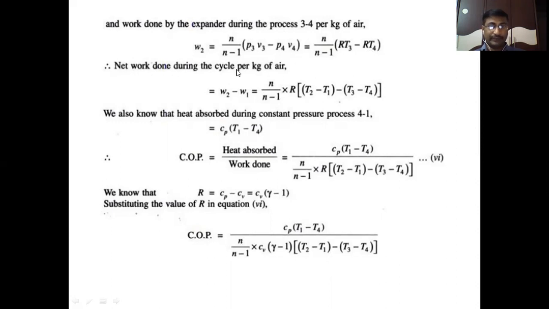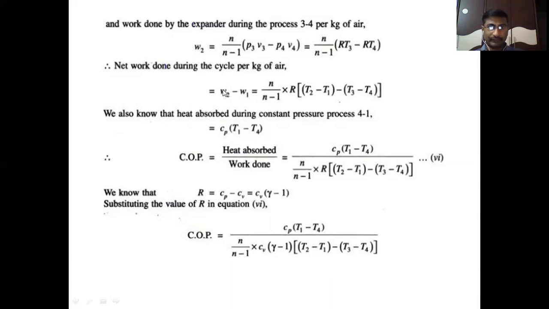So the net work done during the cycle per kg of air, W1 minus W2, is n by n minus 1 R into T2 minus T1 minus T3 minus T4.